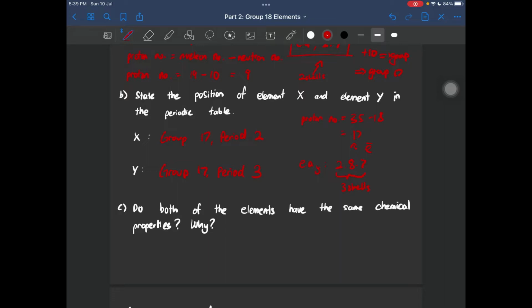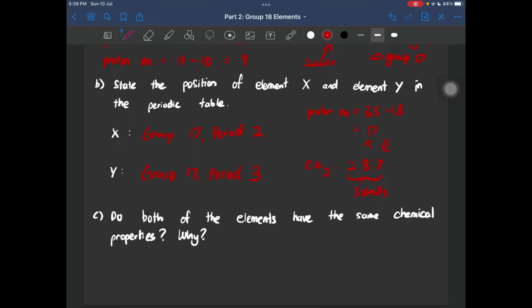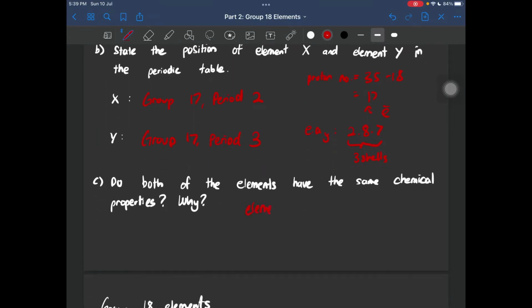And from what we've learned in chapter 2, elements with the same number of valence electrons will show similar chemical properties. And this is actually why we group the elements in groups and periods, right? So all elements in the same group have similar chemical properties, and this is because of the number of valence electrons.